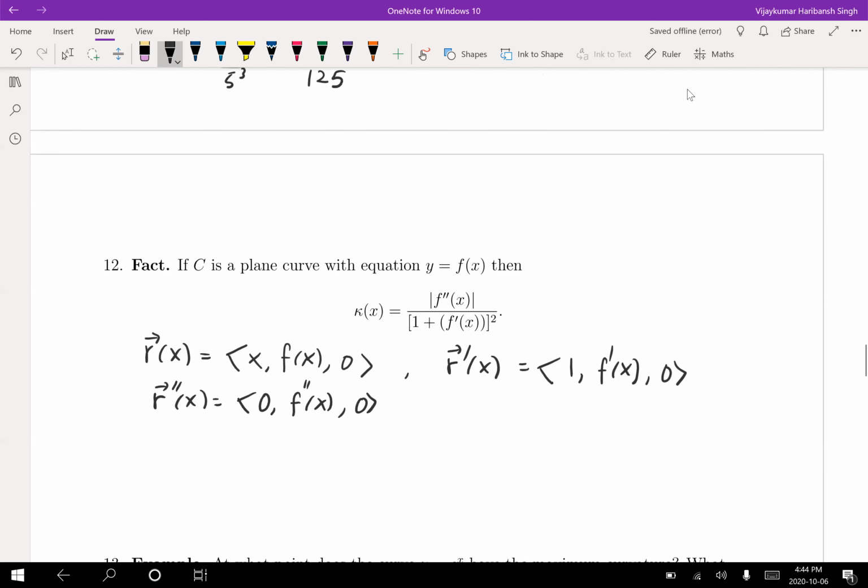So what is r prime x cross r double prime x first? So we'll compute this first. So i, j, k; 1, f prime x, 0; and here we'll have 0, f double prime x, 0.